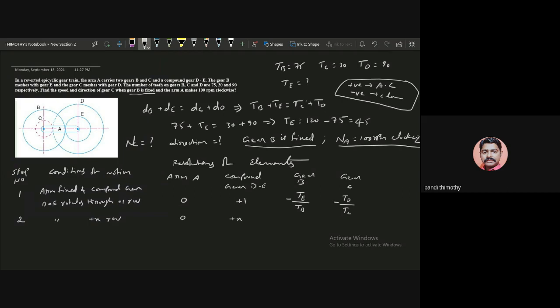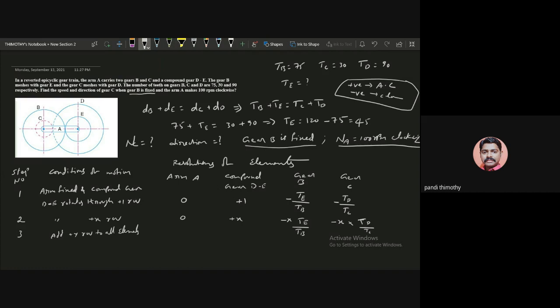Now gear B is minus x into TE by TB. Similarly here, minus x into TD by TC. This is step number 2.